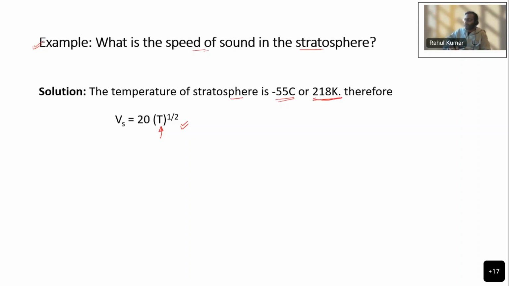So we can use the value. I've used 218 Kelvin and simply calculated it, and you will end up getting 295 meters per second. So this is the speed of sound in the stratosphere.